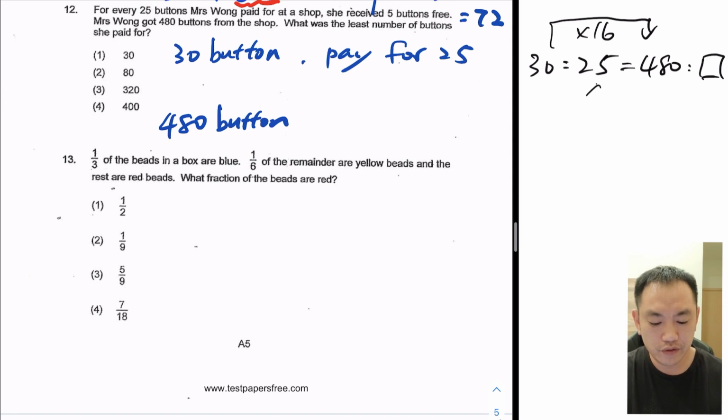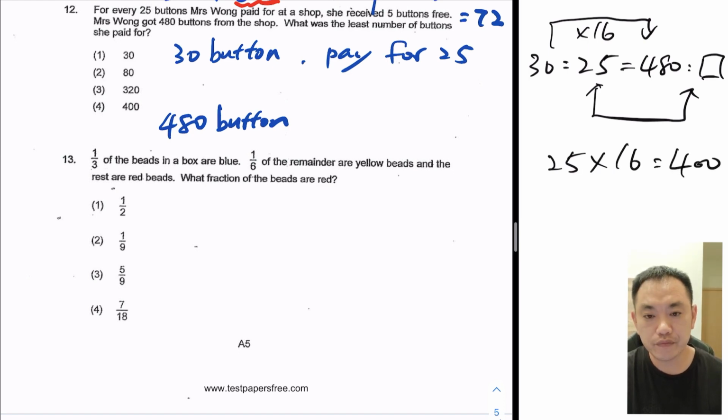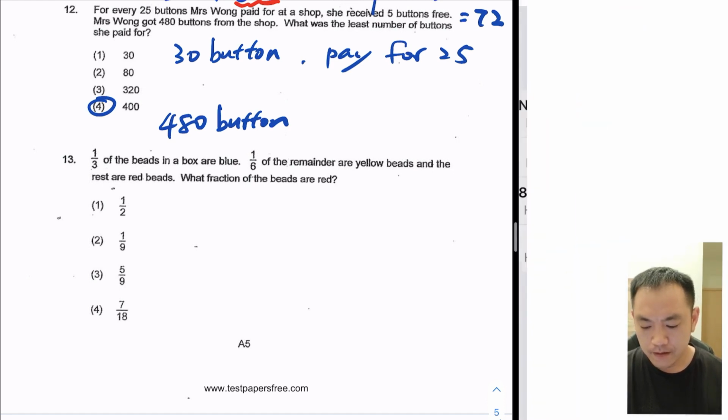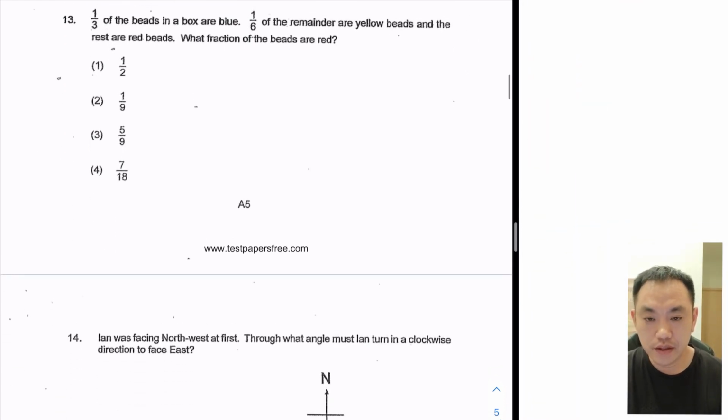So the 25 also needs to be times by 16. 25 times 16 equals 400. You can do the calculation by yourself, but you will get the answer, which is 400. So she paid for 400 buttons, which is answer 4. Let's move on to question 13.